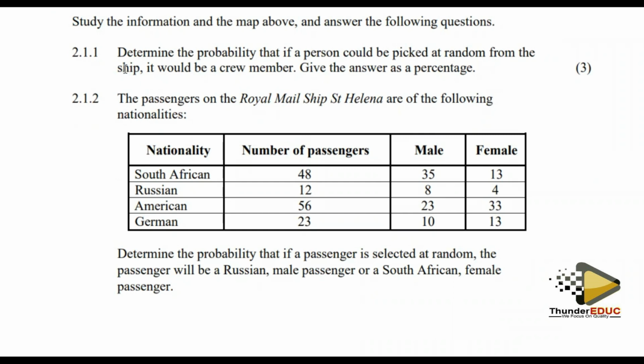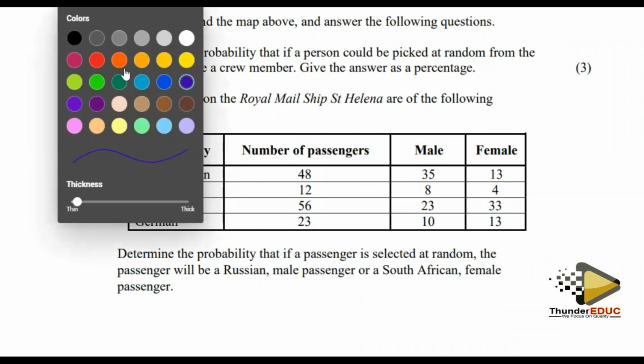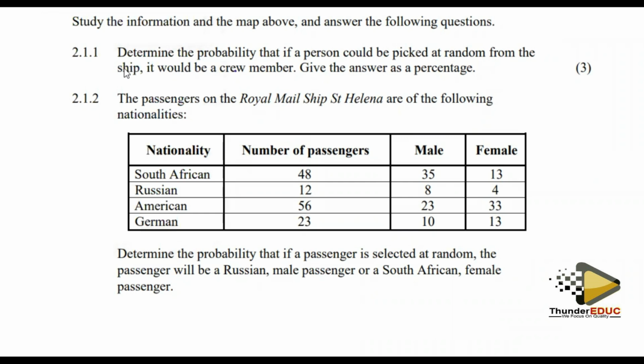When you look at probability, first and foremost, probability will always equal sample over the population. Population simply means the number of items you're going to pick from.